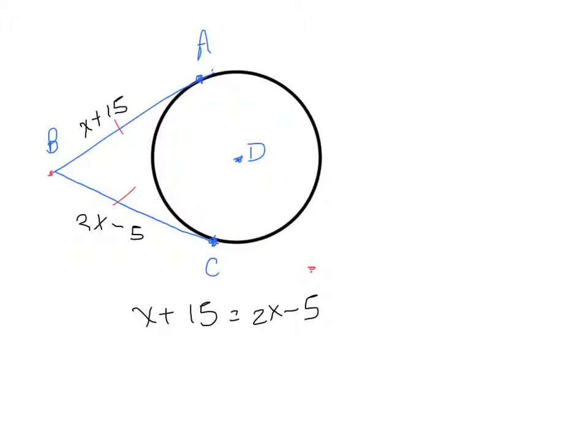I subtract x from both sides to get that 15 is equal to x minus 5. Now I add 5 to both sides, and I get that x is equal to 20. That's how you would figure out what x is in this case using that theorem.